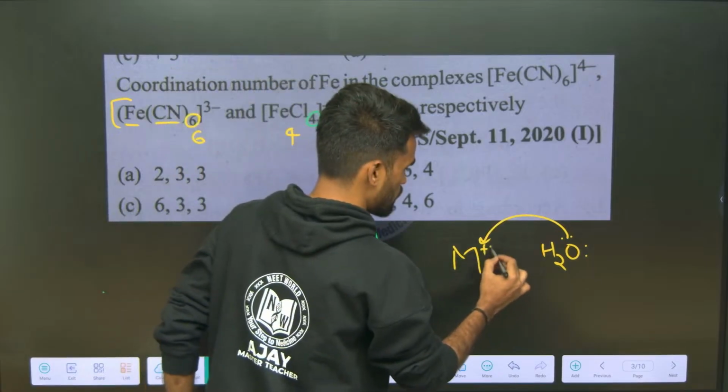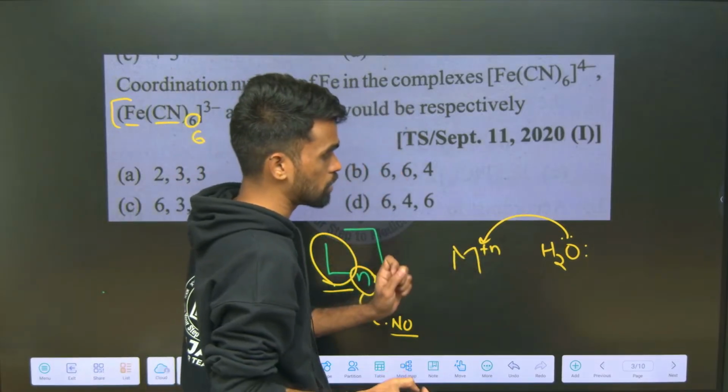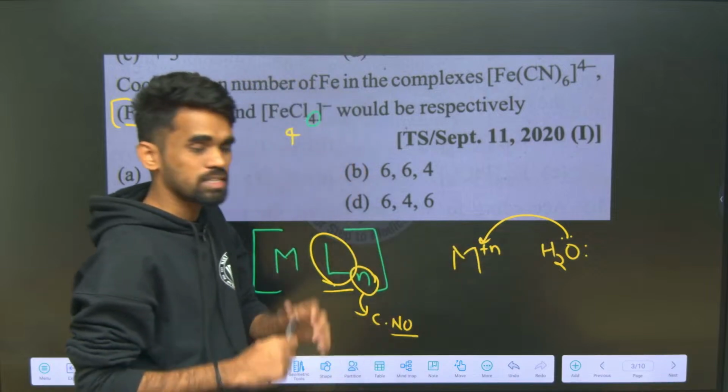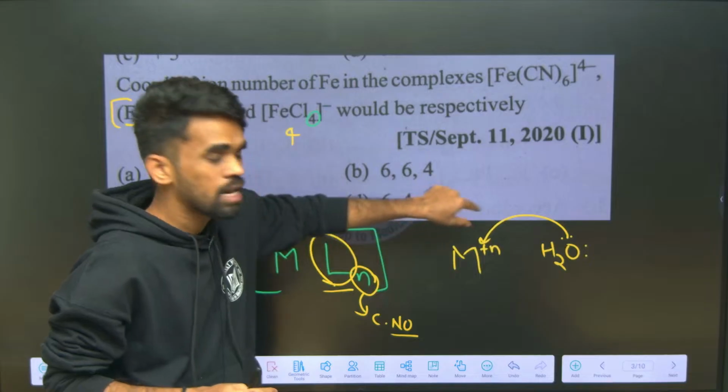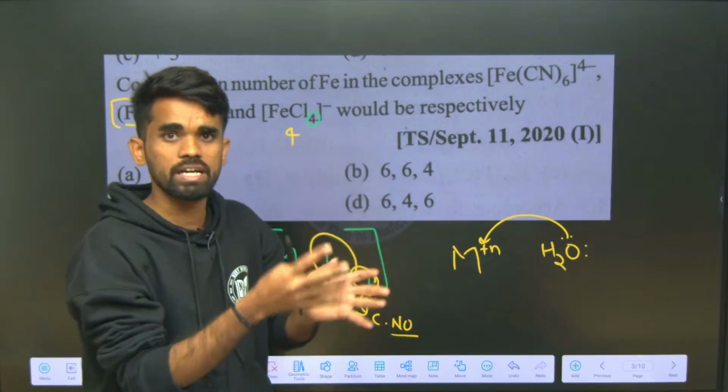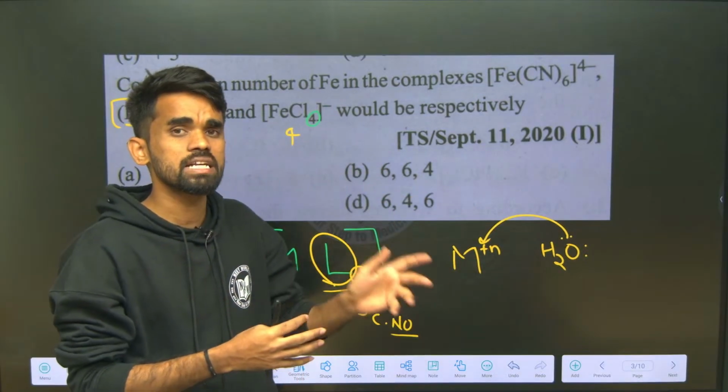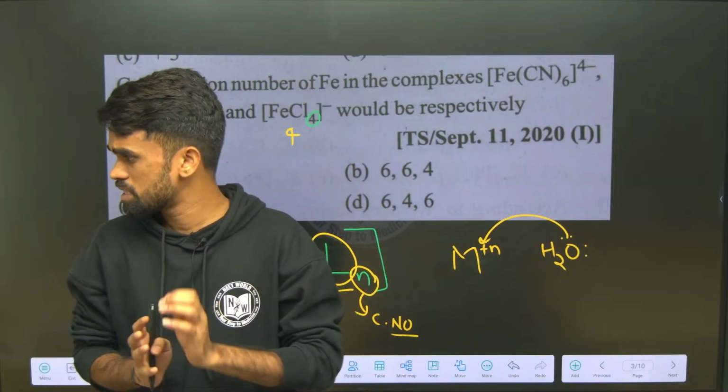Since the metal ion is positively charged, the lone pair electrons on oxygen, which has high electron density, will come and surround this metal in a certain orientation. That results in the formation of this complex.